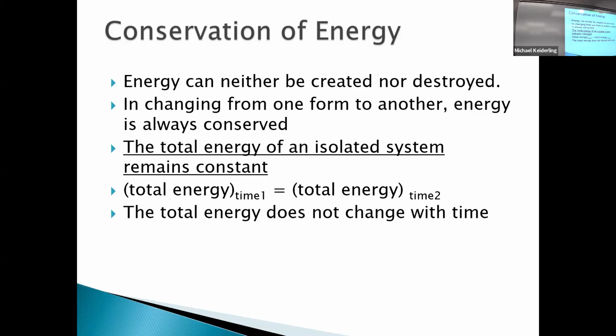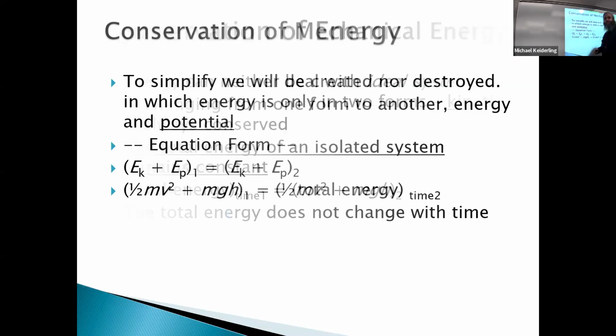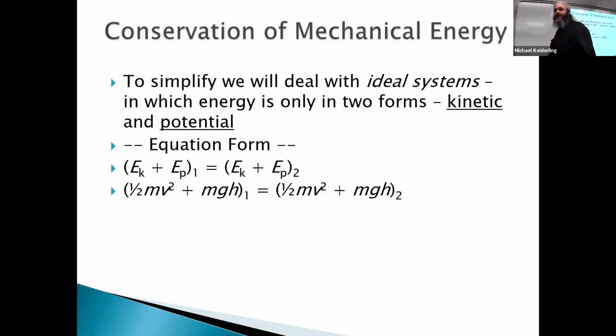The last one was off. But the total energy doesn't really change with time. And so to simplify, we'll deal with ideal systems where energy is only in the form of kinetic and potential. So you'll basically have 1/2 mv squared plus mgh at time 1 equals 1/2 mv squared plus mgh at time 2.